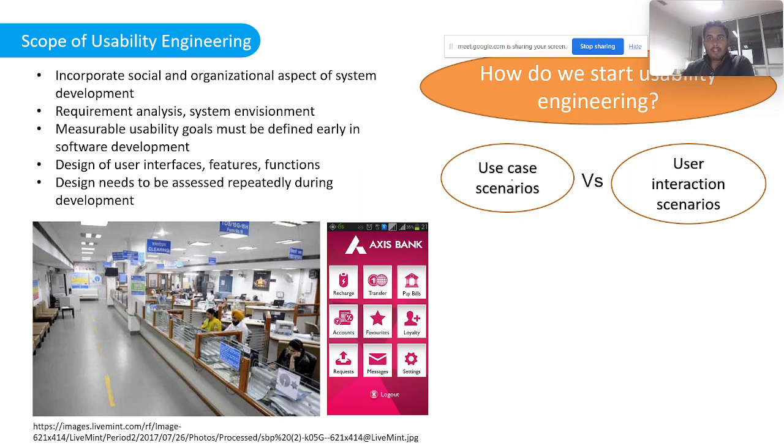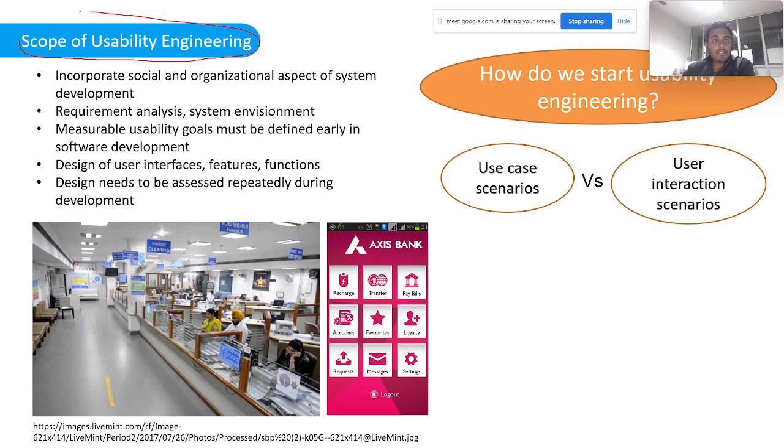Okay, so finally, we are here. In summary, what we understood is what the various scopes of usability engineering are. The very first scope is to understand the requirement of a particular application, and then you define a set of measurable goals.